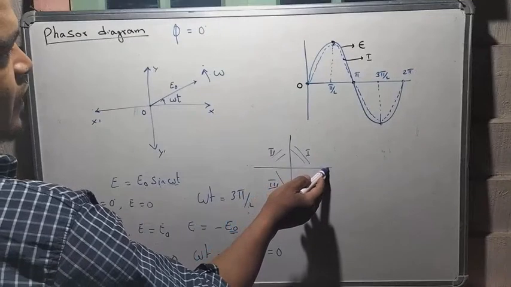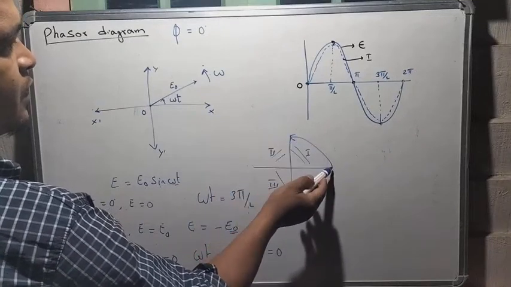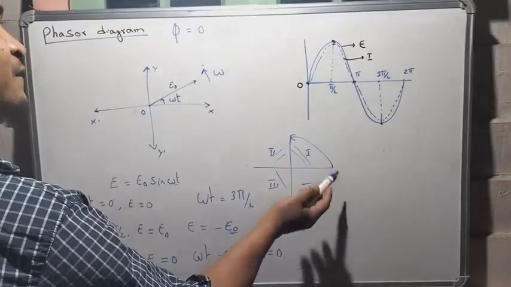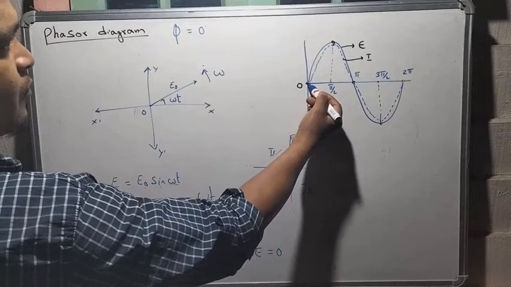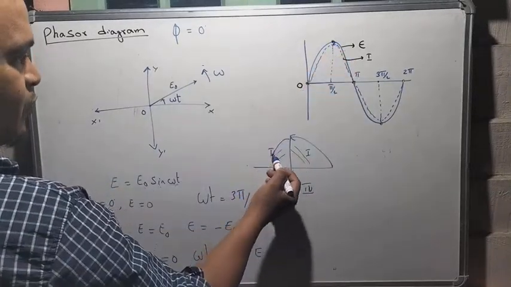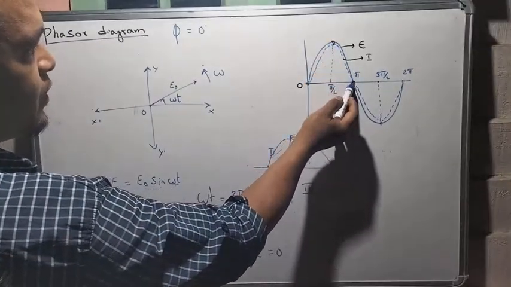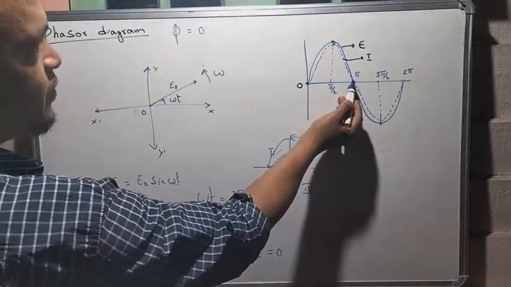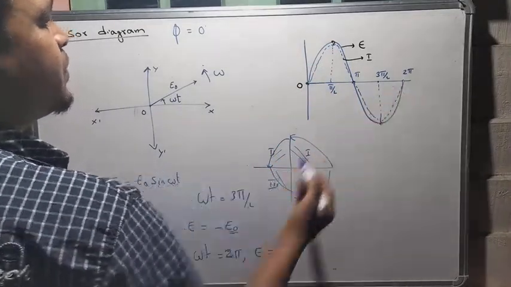So if I rotate a vector from here to here, that means you are completing the first quadrant. So that first quadrant in the graph means a curve from this point O till this maximum. And if you go like this, the second quadrant means from this point to this point. In the third quadrant, from here to here. In the fourth quadrant, from this point to this point.